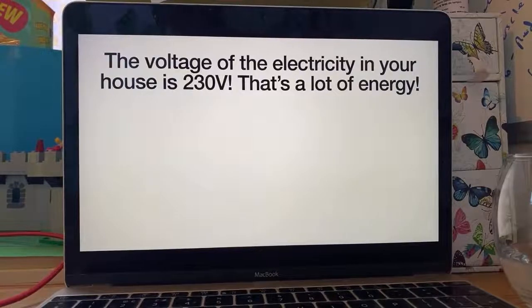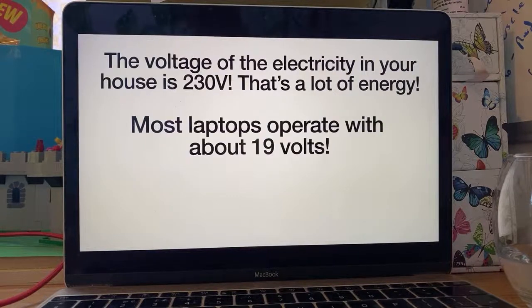Moving on. The voltage of the electricity in your house, if you're in the UK like me, is about 230 volts. That's a lot of energy. I said if you have a laptop charger or a mobile phone charger that you're allowed to look at, to bring it with you. So the electricity coming into your home is about 230 joules of energy per charge. That is a lot. Don't mess around with electricity in the house.